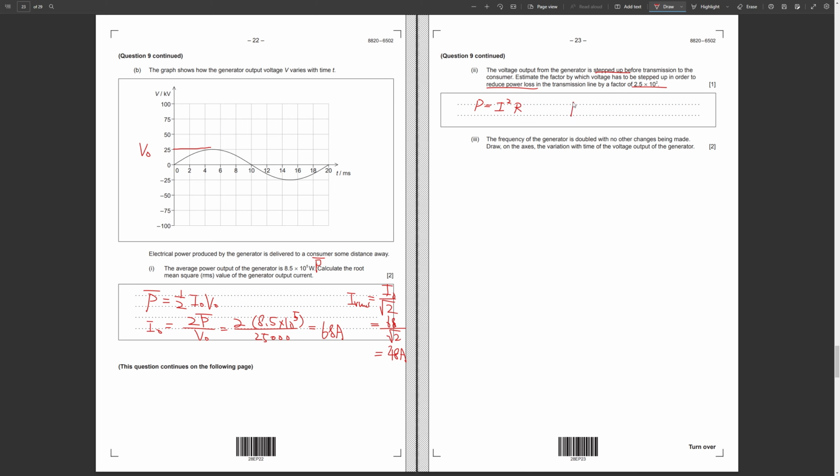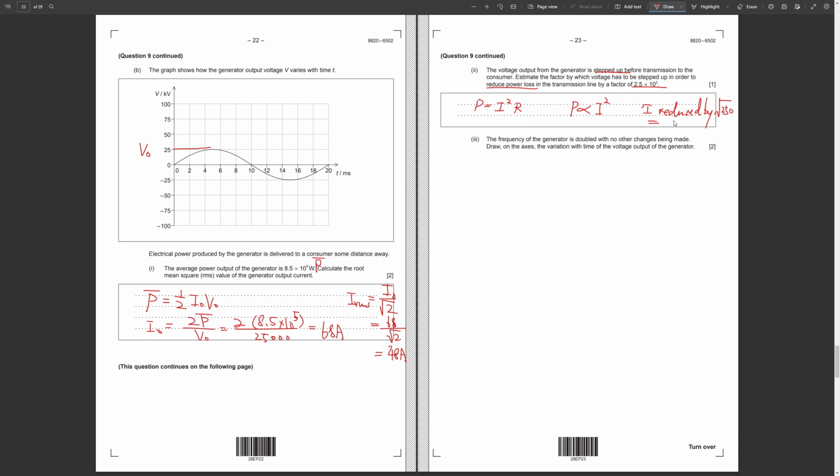So you can say power is proportional to I square. In order to reduce the power, you should reduce the current square by 250 times. So the current is reduced by square root of 250.